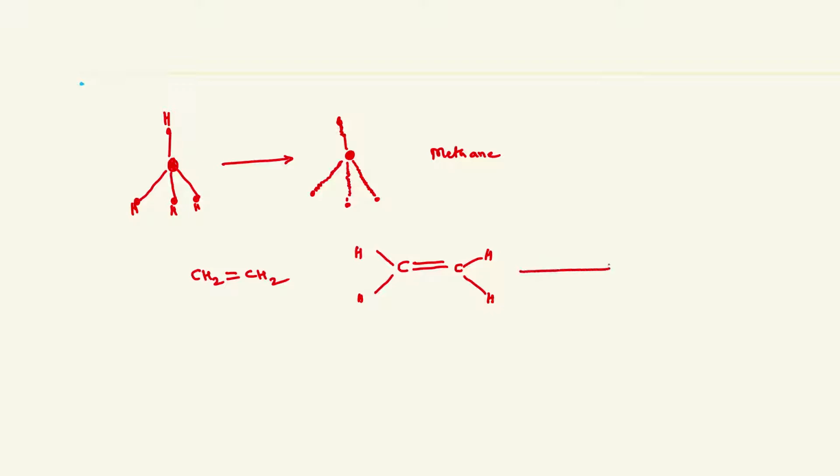I can represent this as a ball model: one big carbon and one more big carbon atom, then a hydrogen atom, a second hydrogen, a third hydrogen, and a fourth hydrogen, with a double bond between the carbons. This is ethylene.